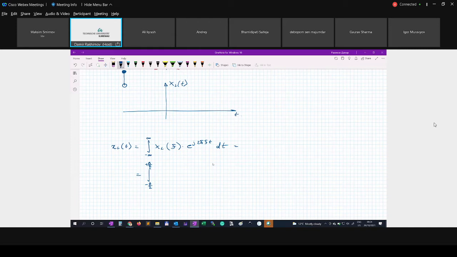Why? Why do you reduce the limits from infinity to b over 2? Because it's 0 outside. It just doesn't make any changes, because we just integrate 0. Yes, it was correct.